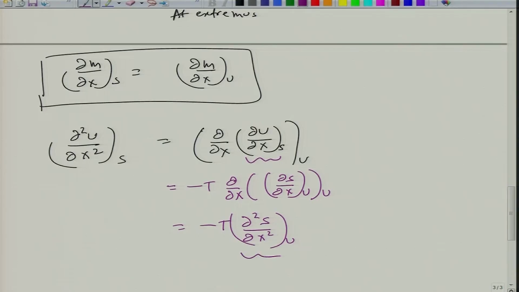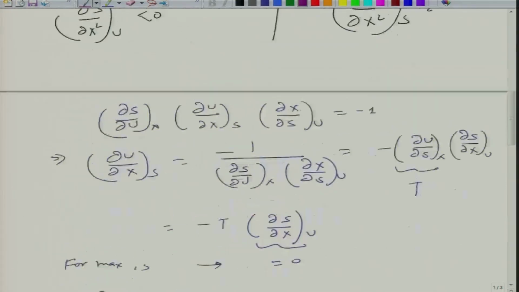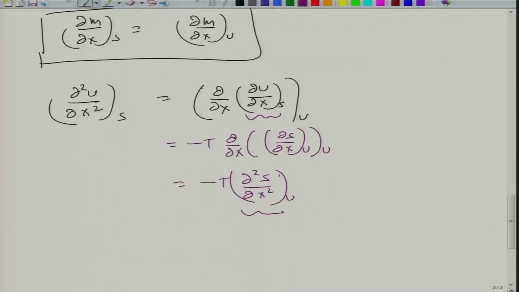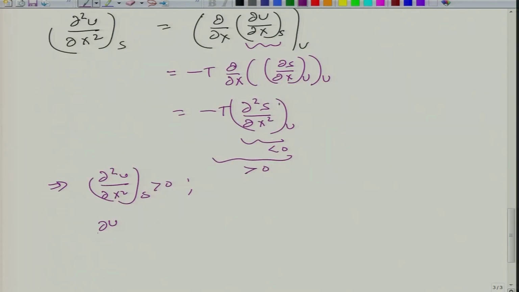Now, this we know at extremum, if you look at the definition, this must be less than 0. So, if this is less than 0, that means this is greater than 0. So, essentially this gives you the second condition, del square u by del x square s is greater than 0, and of course, the first derivative del u by del x at constant s is equal to 0.